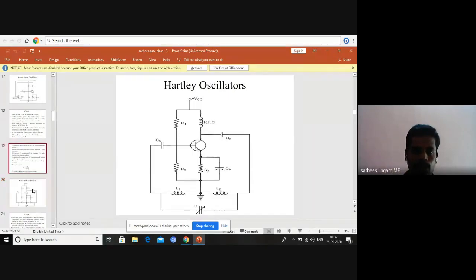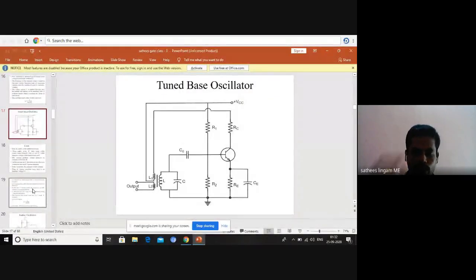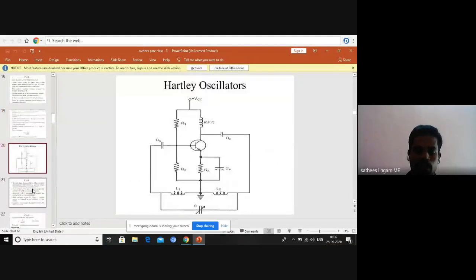The capacitor and inductor values are fixed, so only one specified frequency of oscillation is getting created. But here a variable capacitor is used, so at the output side we receive different frequencies of oscillations.